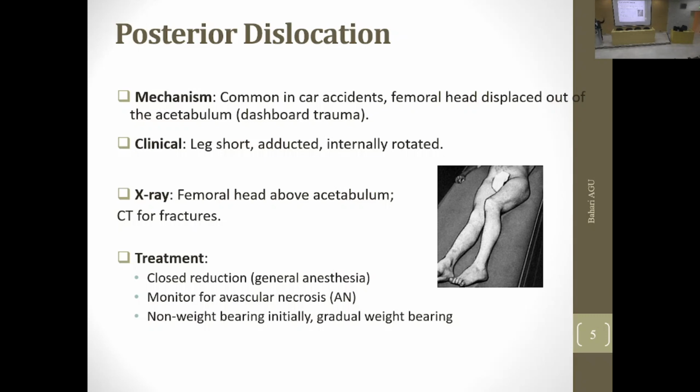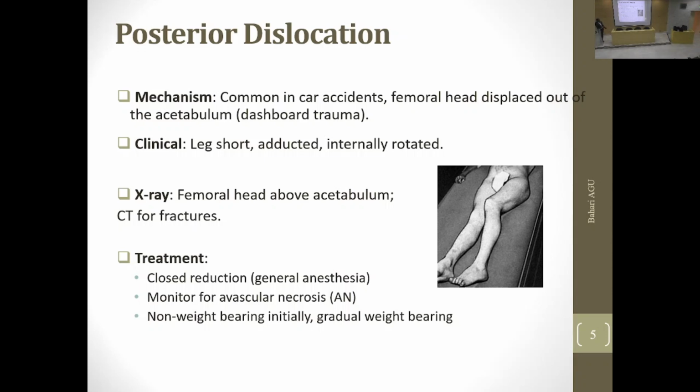But sometimes there would be a small fragment that interrupts the way of reduction, an intraarticular fragment. We need to assess by CT scan. Sometimes we need to do a CT scan in order to see whether there is any fragment inside the joint preventing the reduction or not. So X-rays and CT scans are sometimes needed.